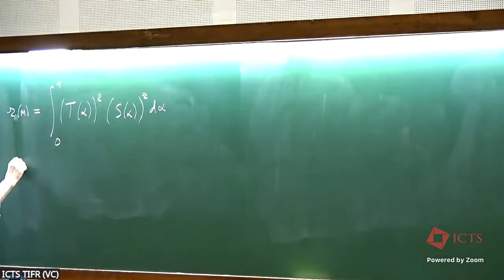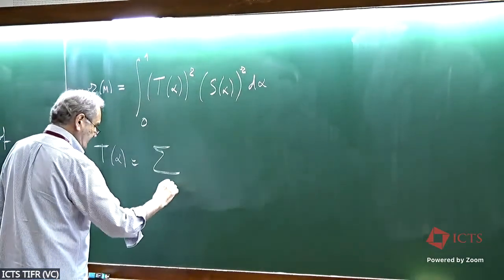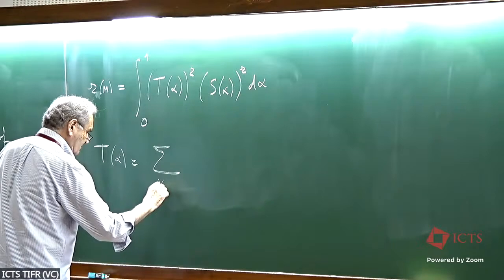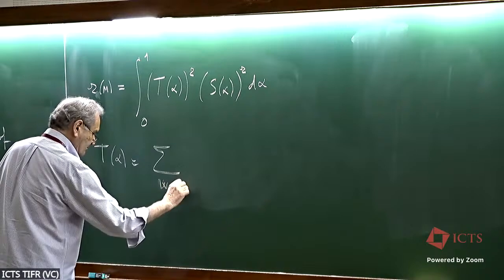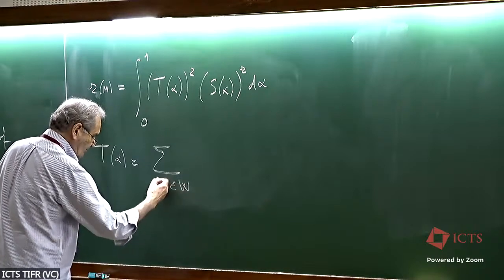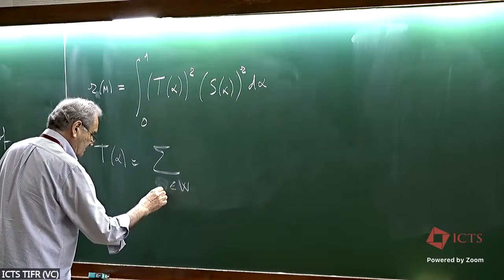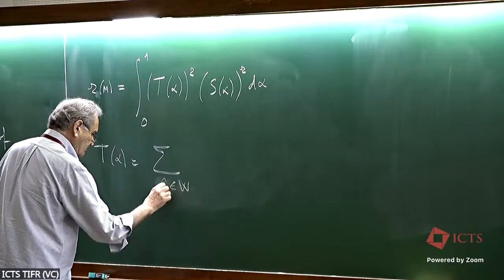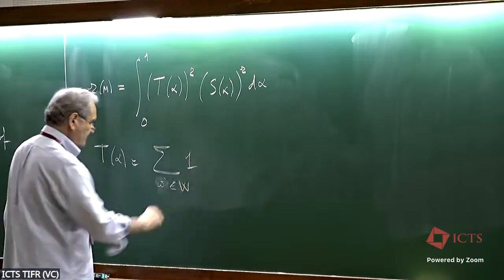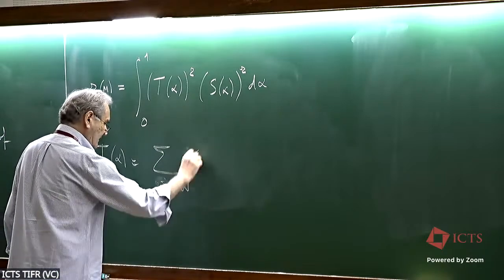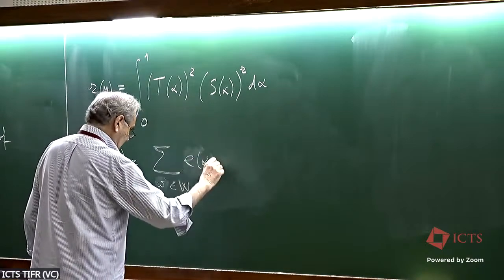Okay? And T of alpha, what you expect, is the sum over w belonging to W. Little w belongs to the set W, of e of alpha w.